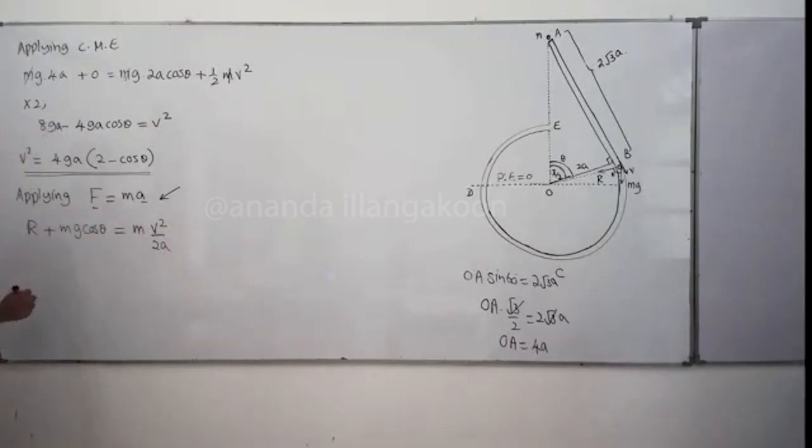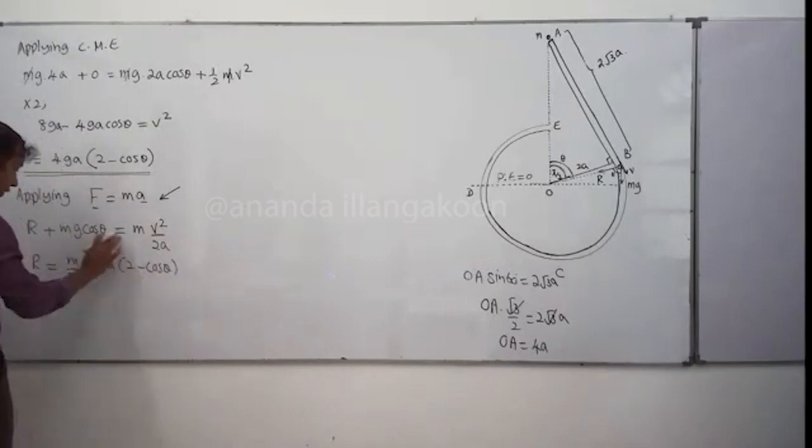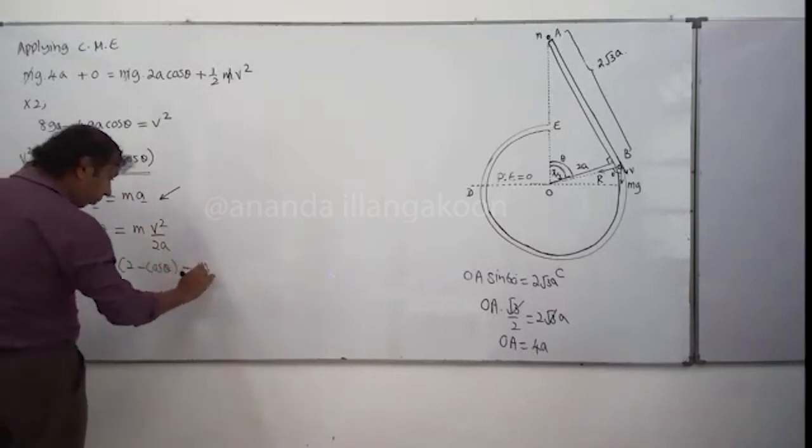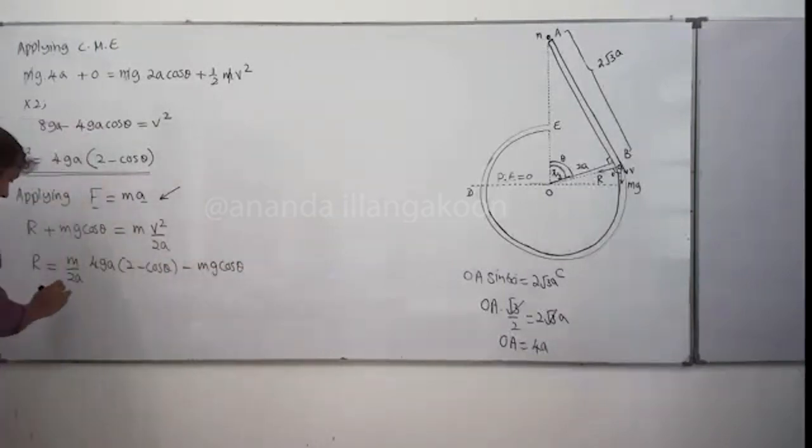Then we'll take this mg cos theta to the right hand side: m upon 2a, v squared we write as 4ga times 2 minus cos theta, minus mg cos theta. Here this 2a we can cancel down. Right. Now I can take mg out.